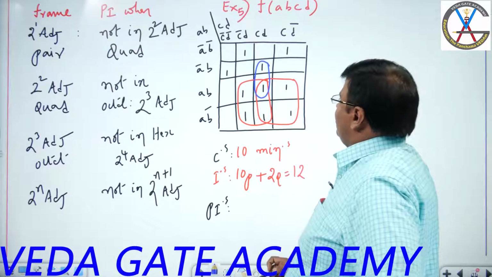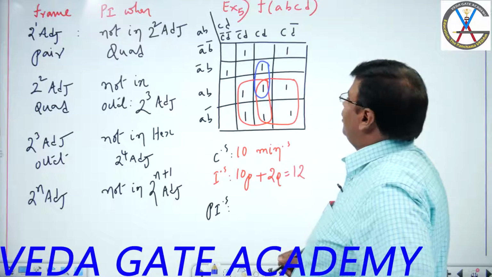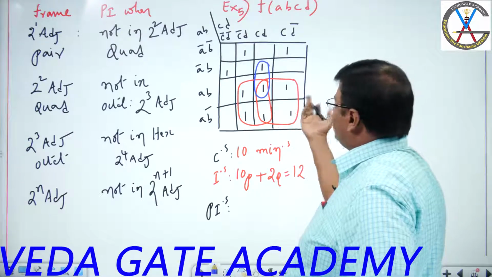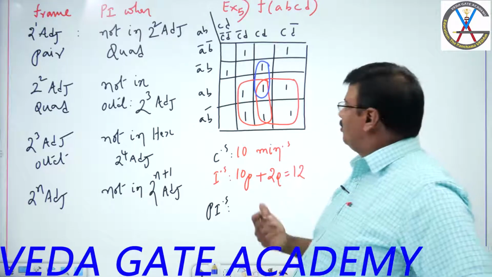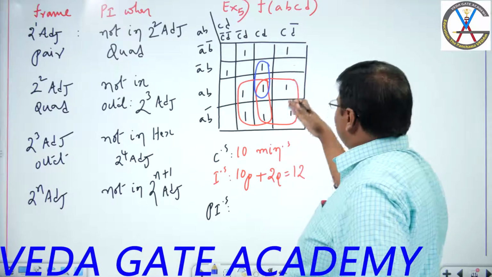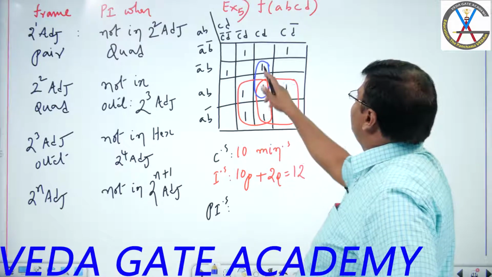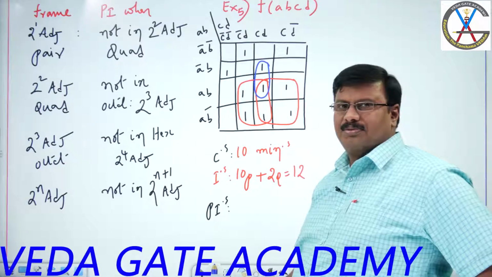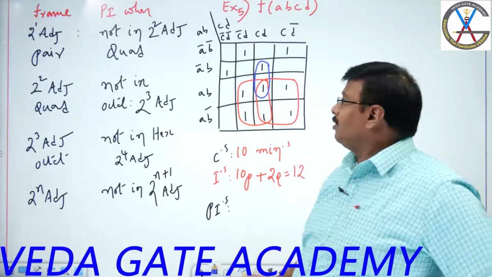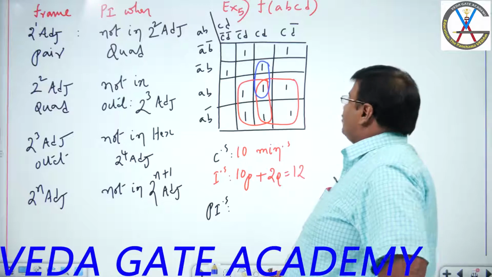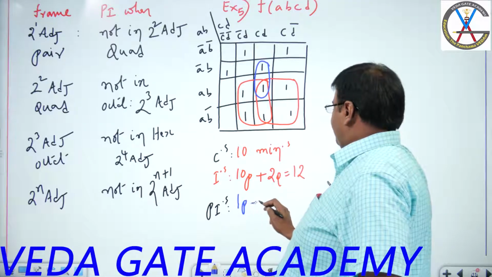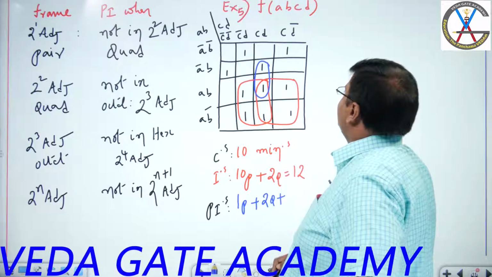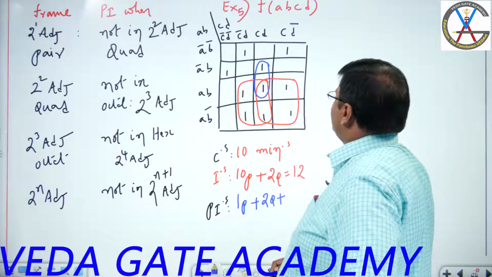So this pair is unique. This quad and this quad are also unique because no octet, only quads are available. Two quads and one pair. And these are single terms, not a part of two, also called a prime implicant, we already declared. So the number of primes is one pair plus two quads plus the single terms.